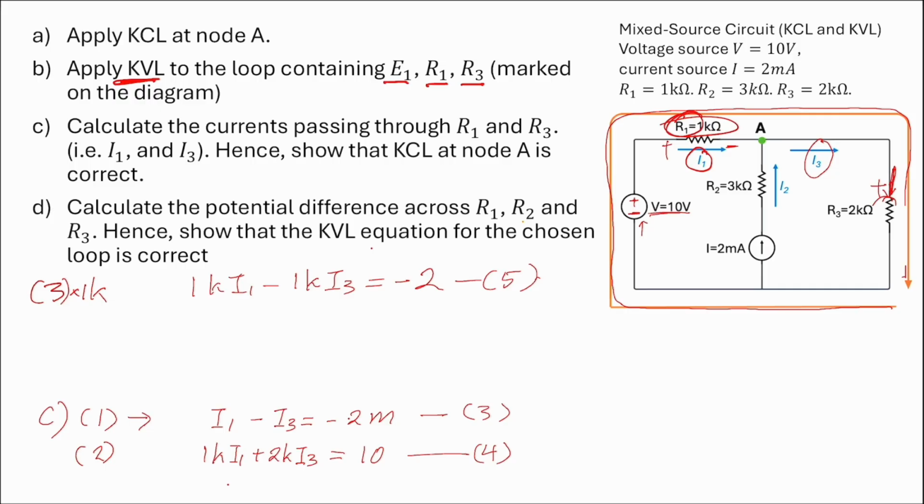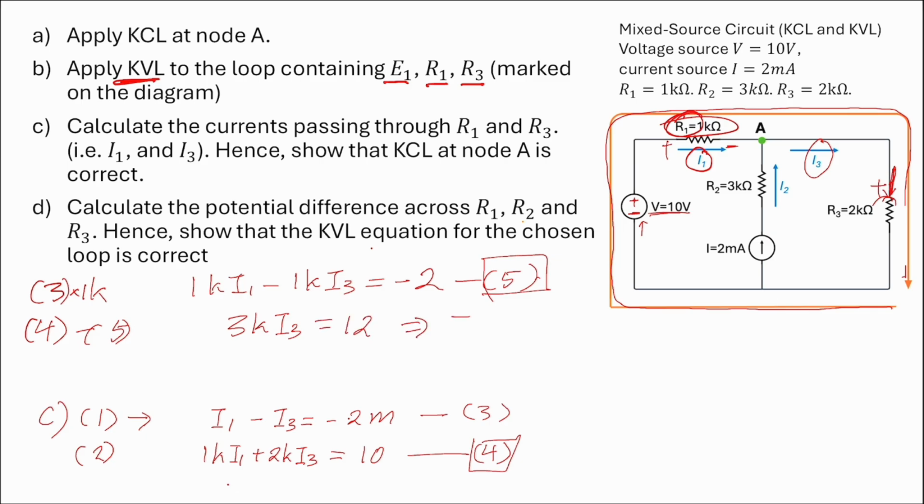Now we try to solve 5 and 4. If we do 4 minus 5, we will find this is equal to 3K I3, and this is equal to 12.